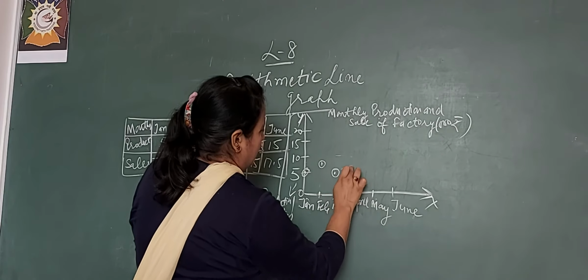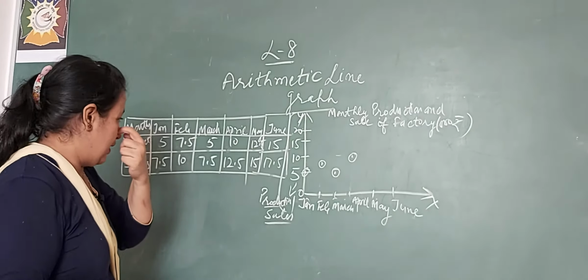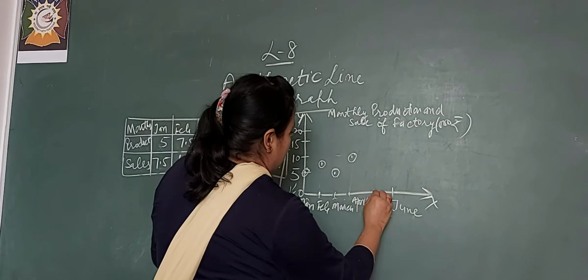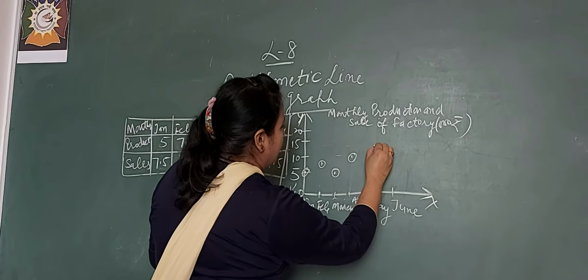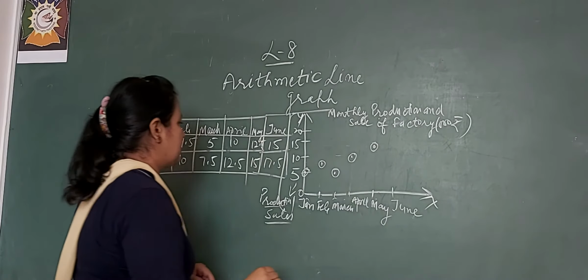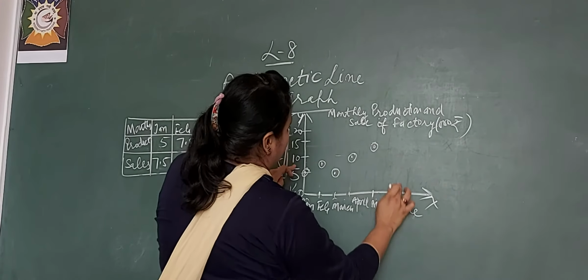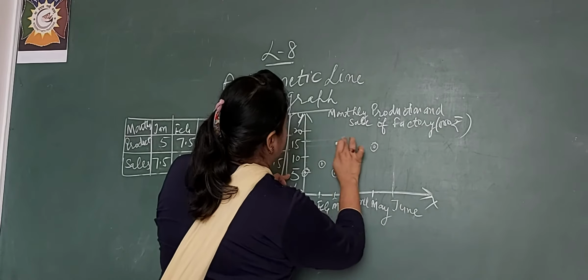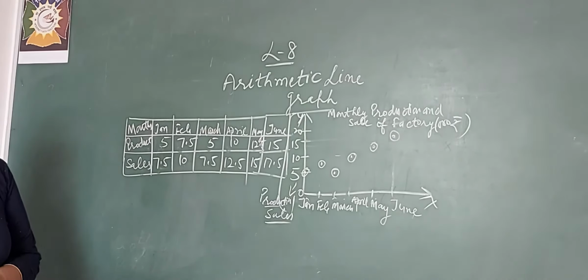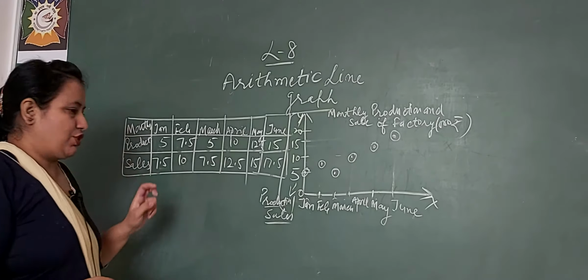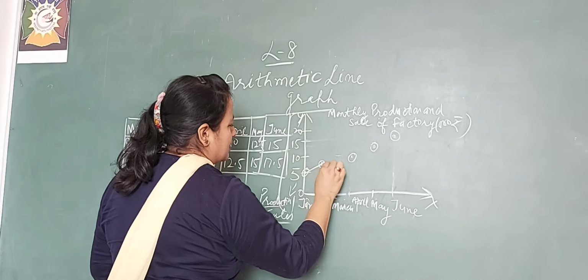This is the point. After that in May 12.5, 12.5 lies between 10 and 15. Next June, that is 15. This is the point. This is our production. So I will take this production by joining these points.